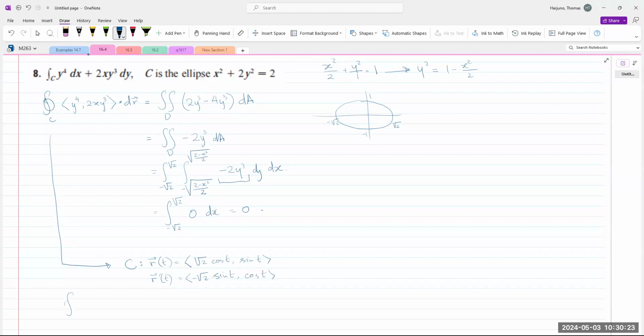This is out of curiosity. So the integral over closed curve C of that is the integral from 0 to 2 pi of y to the 4th, sine to the 4th t, dx, plus 2x y cubed dy.